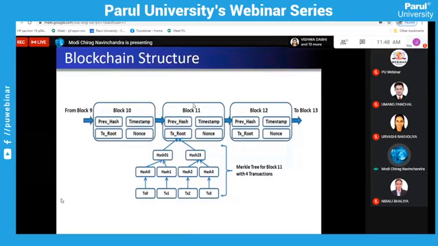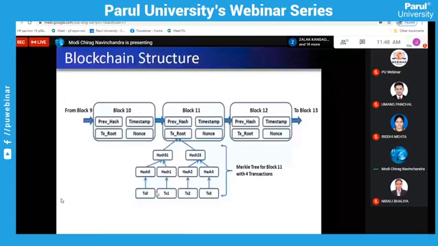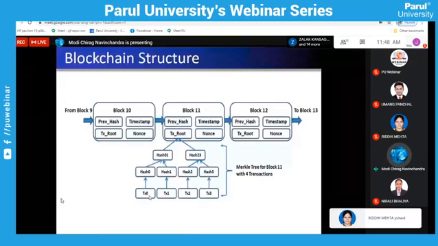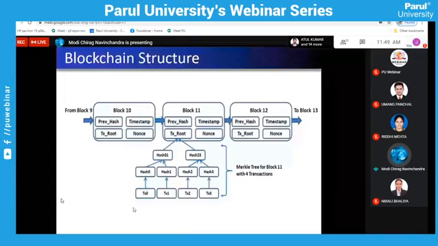So if somebody is trying to modify any of the transactions, saying that I performed a transfer of 2 Bitcoin, but if somebody tries to modify this transaction, the beauty of a hash function is this: even if you modify a single bit in a given data, it will completely change its hash value.